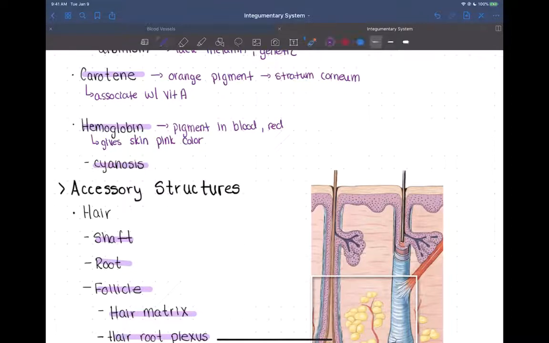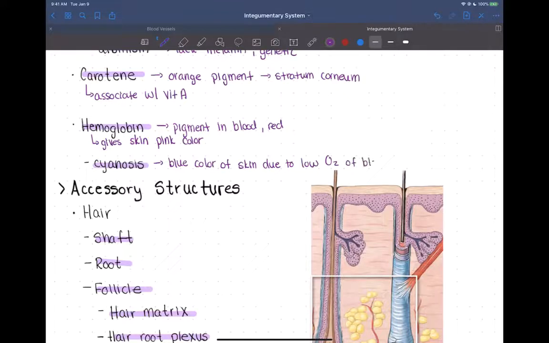And so when blood is not properly oxygenated, it can give the skin a bluish color. And so that's called cyanosis. All right, so it gives a blue color to the skin when that blood isn't well oxygenated due to low oxygen.